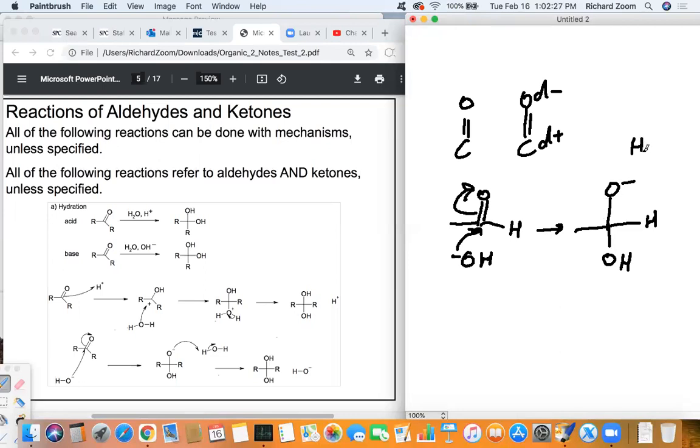Then in the next step, the negative can take an H away from water, and that's how we end up with our product. So 2 fairly distinct mechanisms here, depending upon if we're dealing with acidic or basic conditions. Does anybody have any questions?